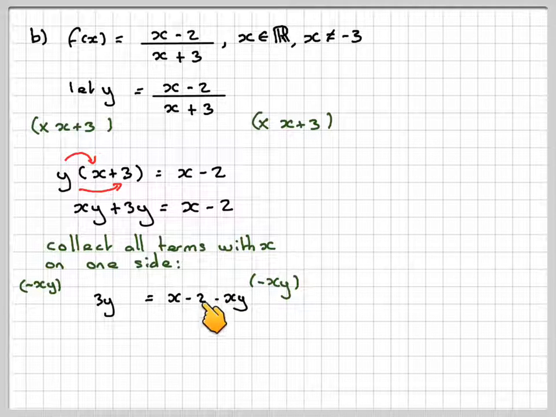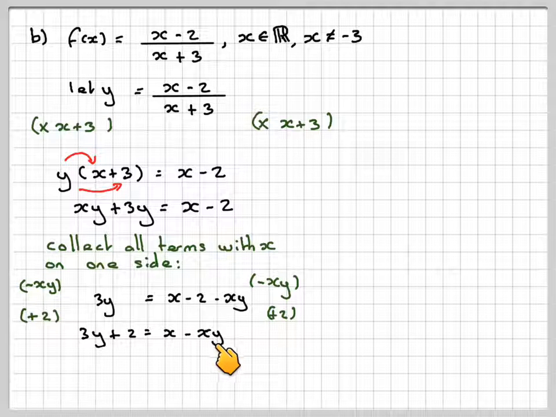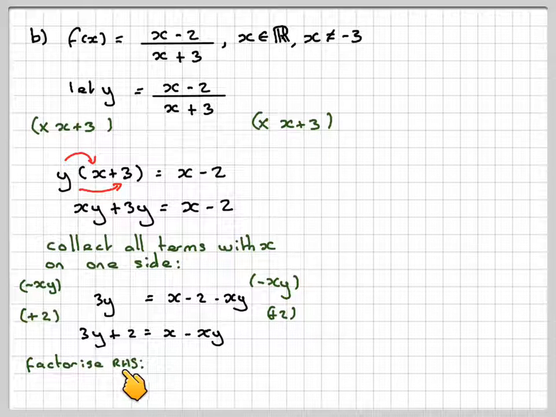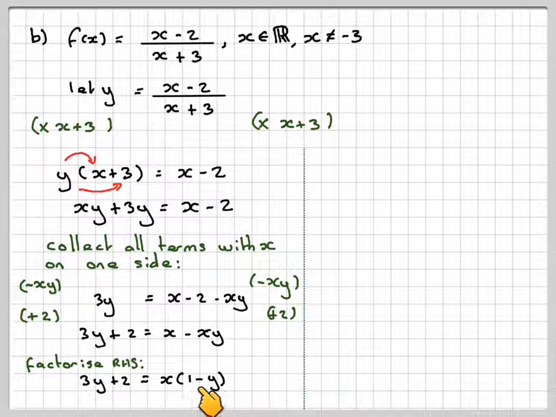So we're going to do the opposite of taking 2, which is to add 2. So we're going to have 3y plus 2 is equal to x minus xy. We've still got 2 x's, however, we can now factorise out the x. So factorising the right-hand side, RHS, going to give me 3y plus 2 equals x times 1 minus y.